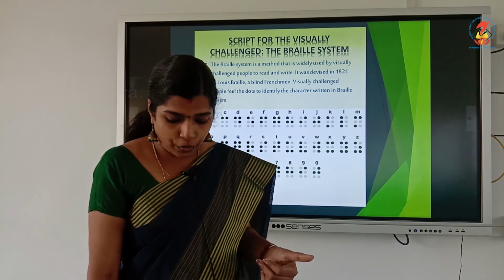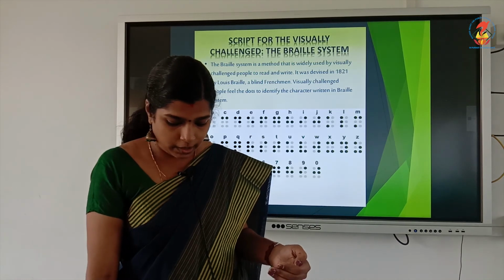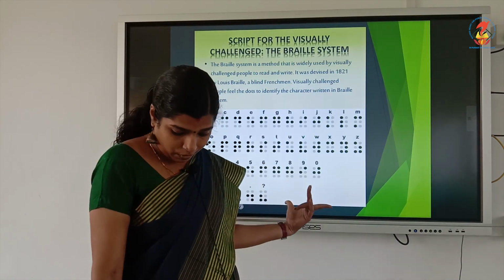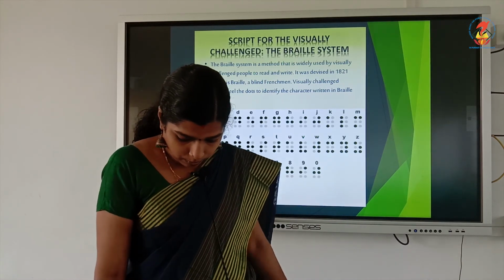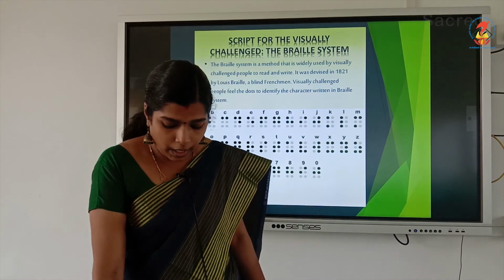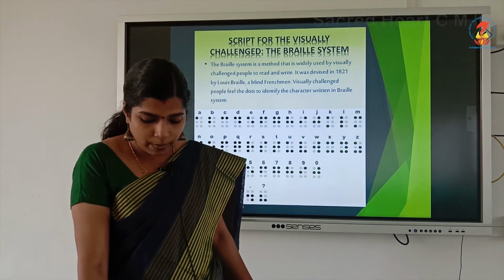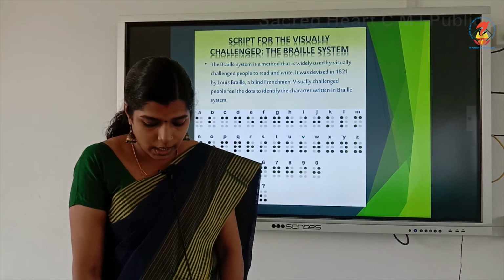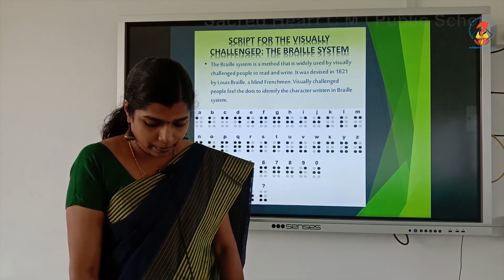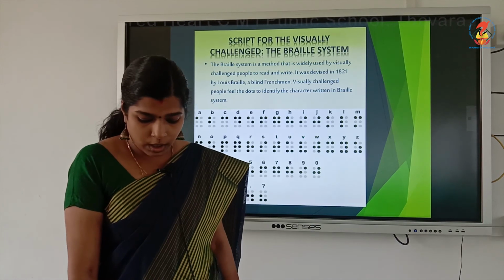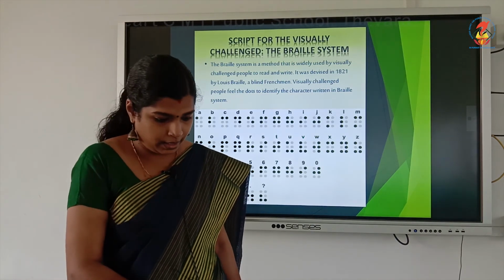The pattern of dots to represent some English alphabets and numbers are given below. These patterns, when embossed on Braille sheet, help visually challenged persons to recognize words by touching. To make them easier to touch, the dots are raised slightly.